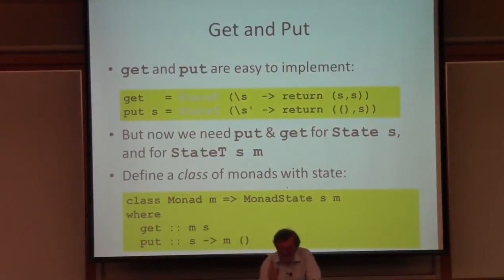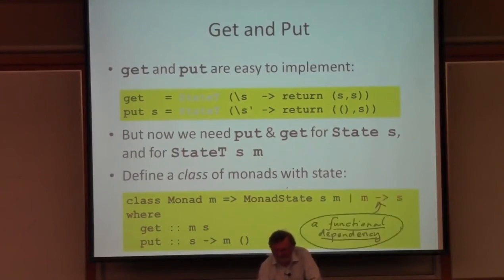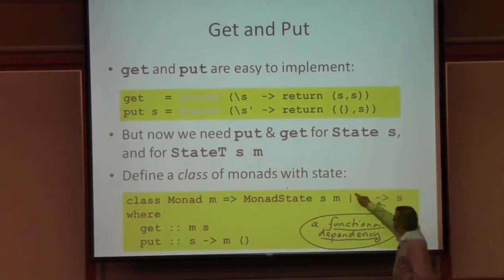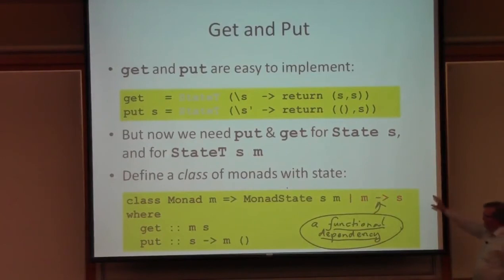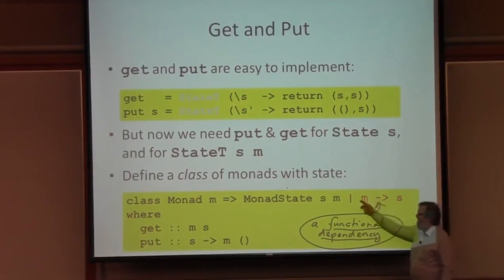Okay, now there's one more thing in practice that we put in this kind of class definition, and that is a functional dependency. So what this red bit over here says is it tells the type checker that when we define instances of MonadState, the monad type will determine the state type.